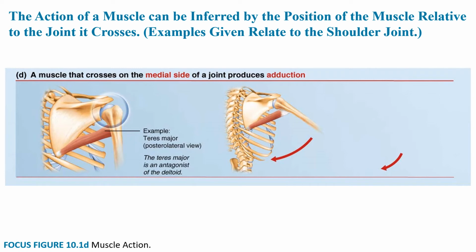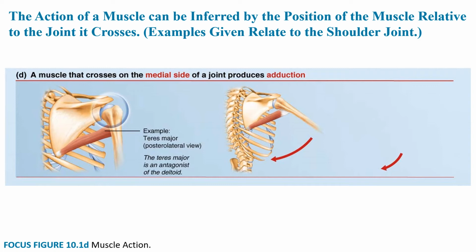And the last, the teres major, is a muscle that attaches on the medial side, and it is an antagonist to the deltoid. This is going to cause adduction. I always remember, think of adduction as adding your limb back towards your body.